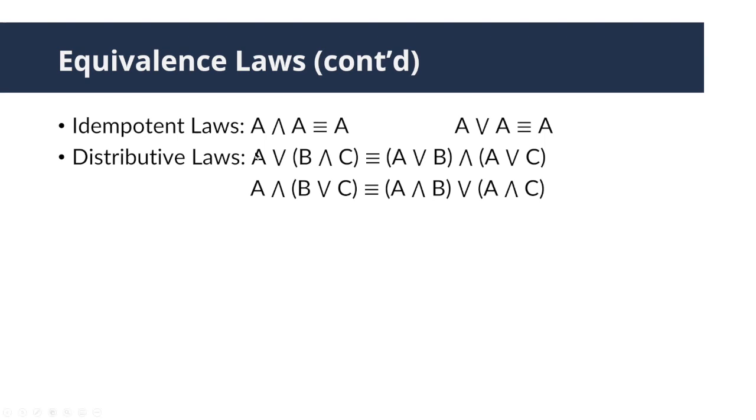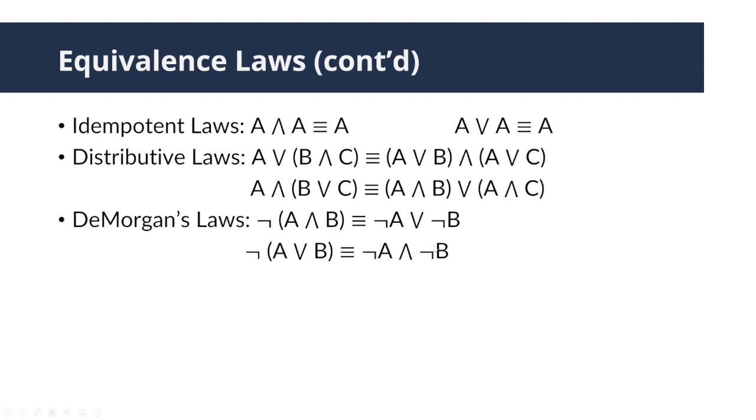It says A or (B and C) is equivalent to (A or B) and (A or C). Similarly, A and (B or C) is equivalent to (A and B) or (A and C).